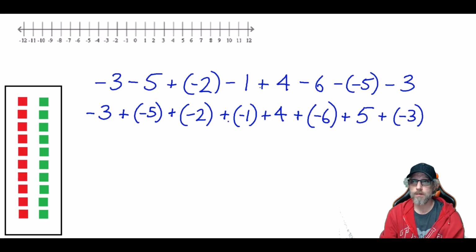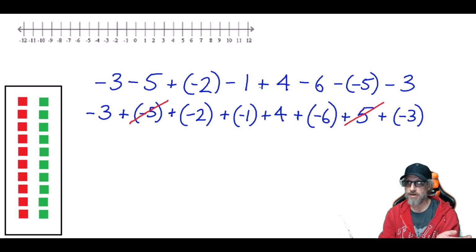So next, with all additions, we know we can do this in any order. It felt pretty productive last time when we could spot some zero-sum pairs right away, like a -5 and a +5. Some opposites right there, zero out. Do we have other ones? No, not so much.